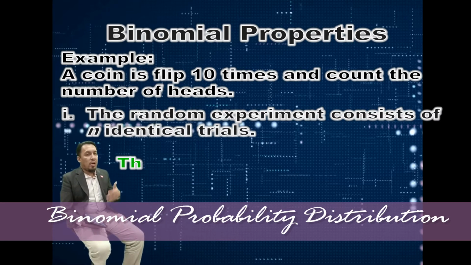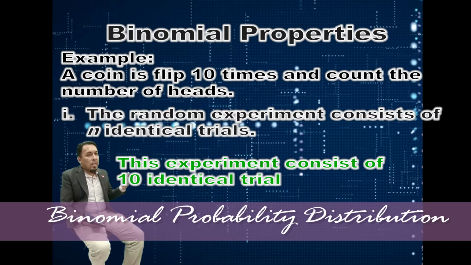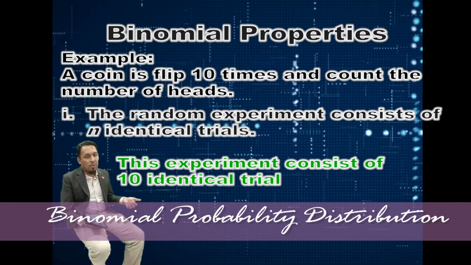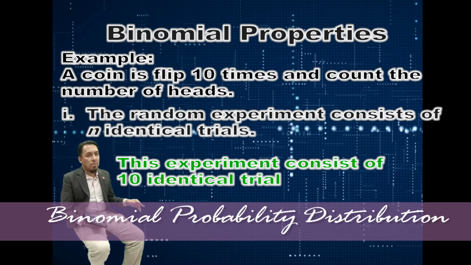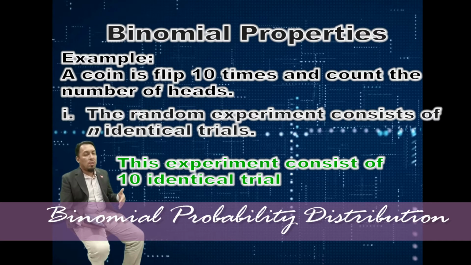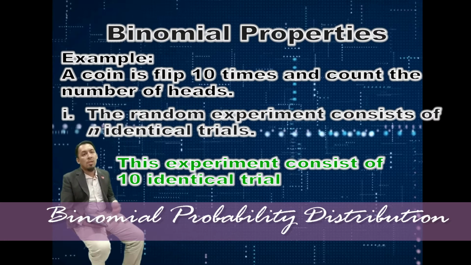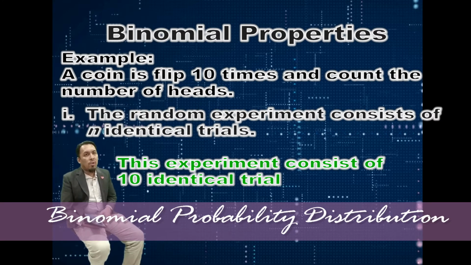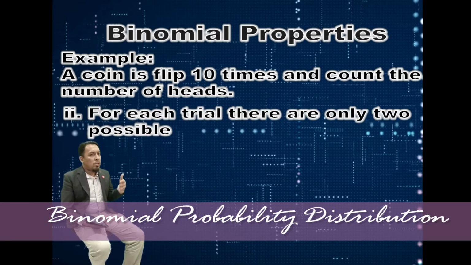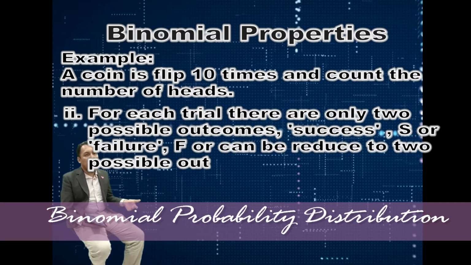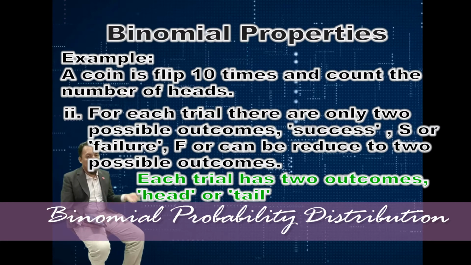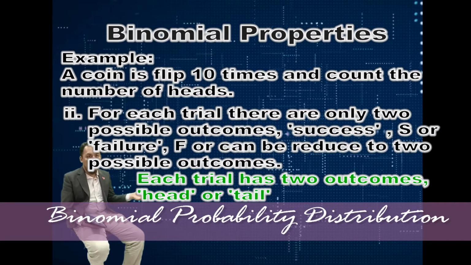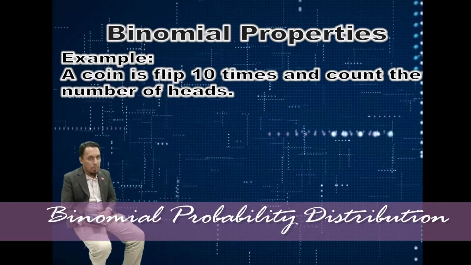So there will be 10 identical trials, right? You are just going to flip 10 times, identically. So that fulfills the first property. And then for the second property, each trial does have two outcomes only, right? When you do one flip, you will have the possibility of having head or tail. So that fulfills the second property.